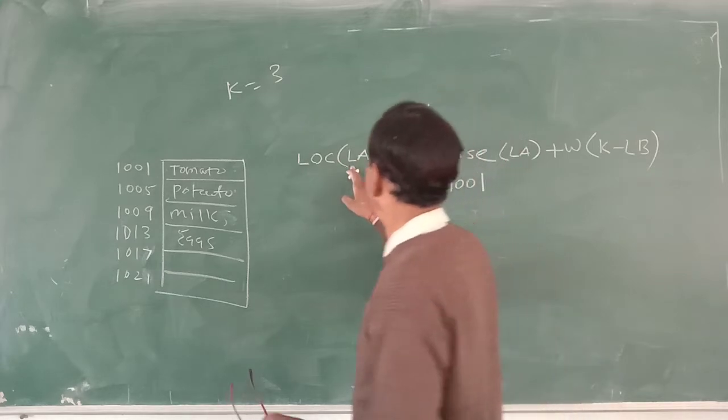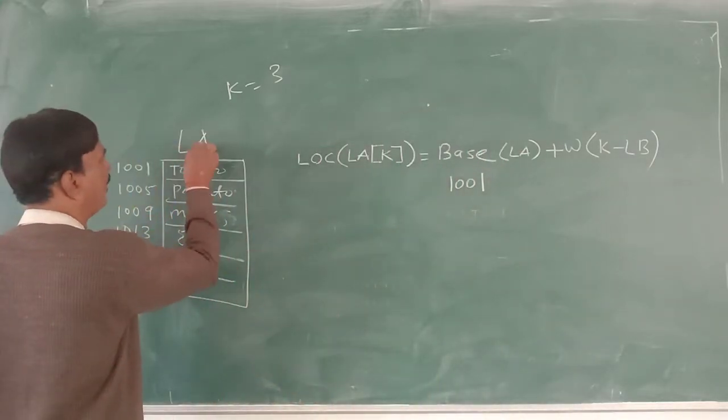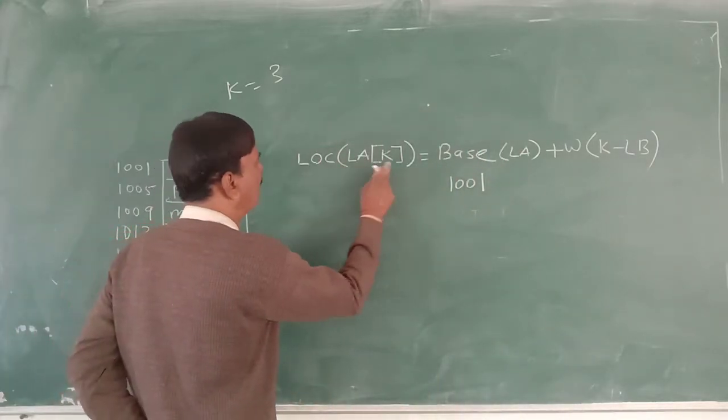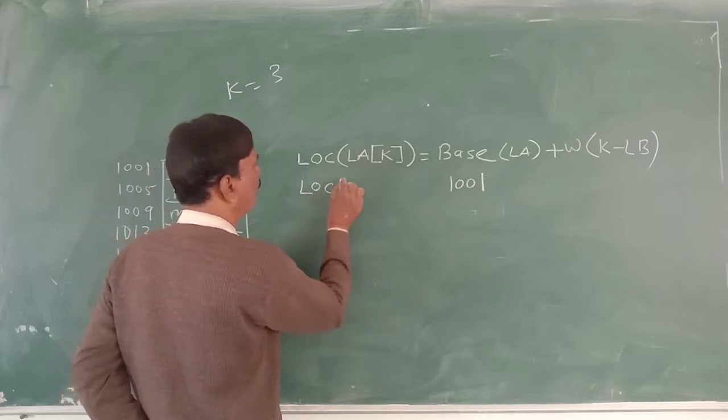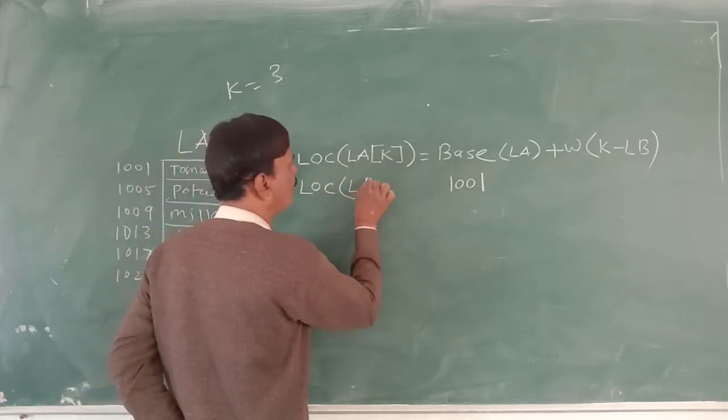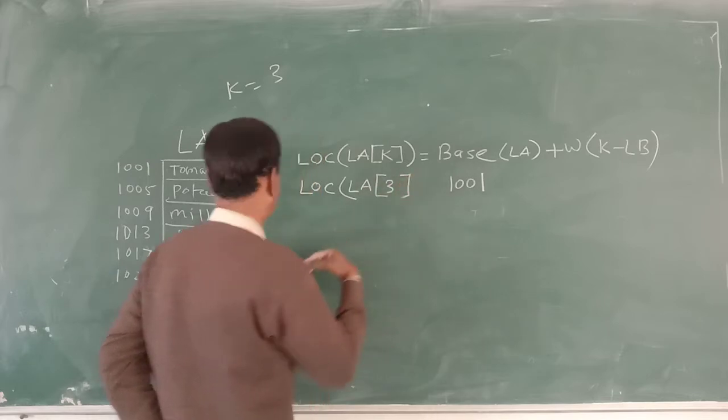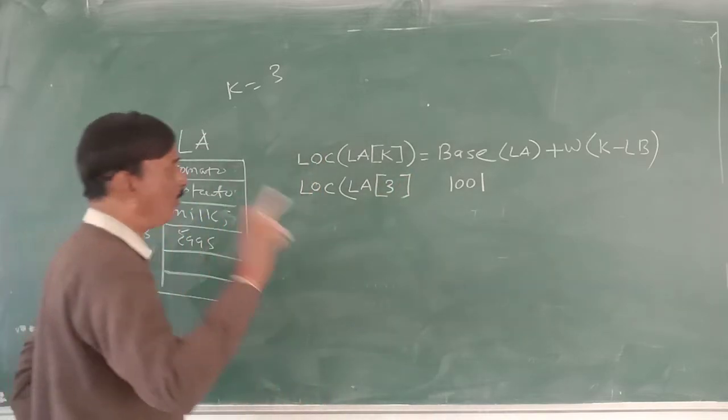Location of LA[K], where LA is the list and K is 3, the third item, should be 1009.